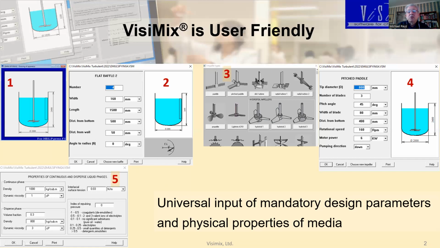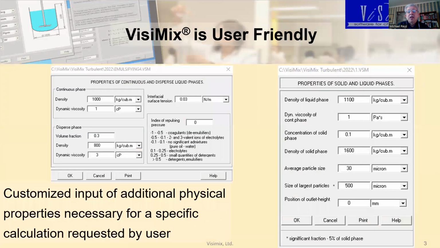Now, let's move on to the next slide and look at some customized input of additional physical properties necessary for a specific calculation requested by the user. On the left, we see the screenshot for input of properties of continuous and dispersed liquid phases that we just utilized.